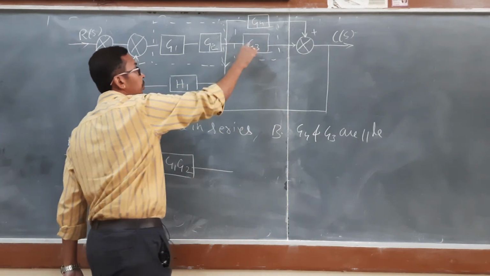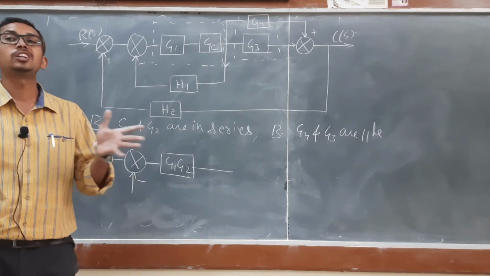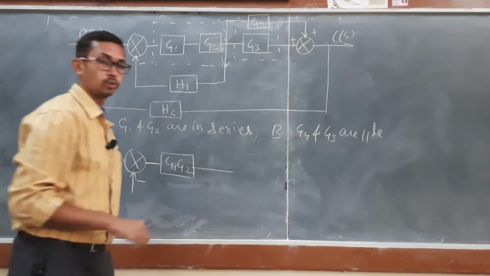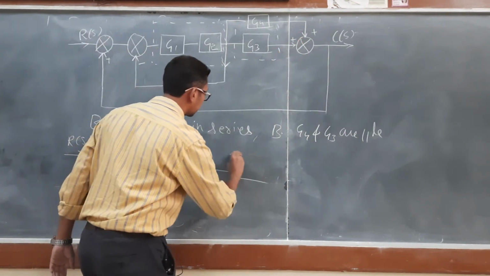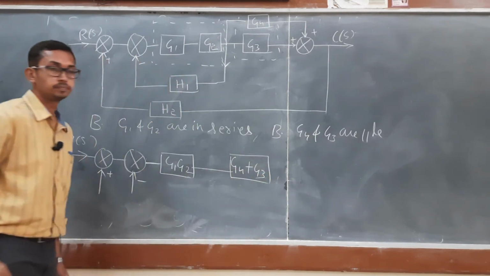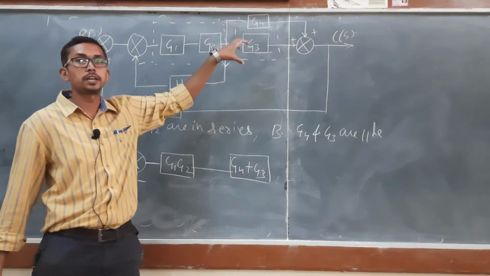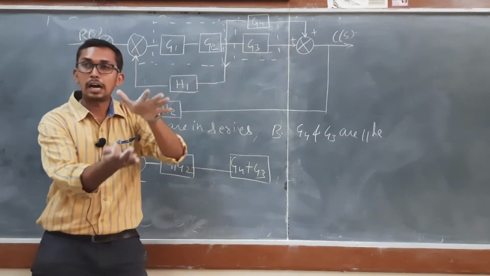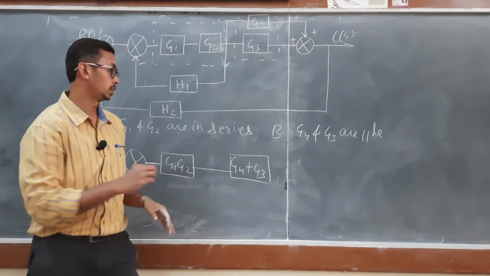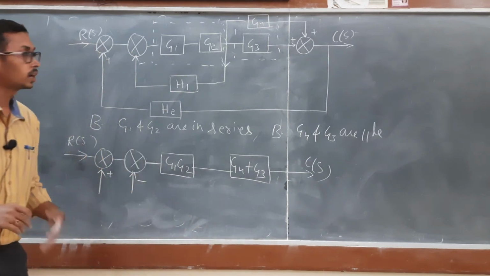Next, what do we have? These two blocks are in parallel. Then what do we have to do? We need to do the algebraic summation. If nothing is there, that means it is a plus symbol only. So it will be written as G4 plus G3. After applying this rule, that is the blocks in parallel, I am doing the algebraic summation. So then this summing point will vanish, and therefore I am getting the output C of S. What else do I have?